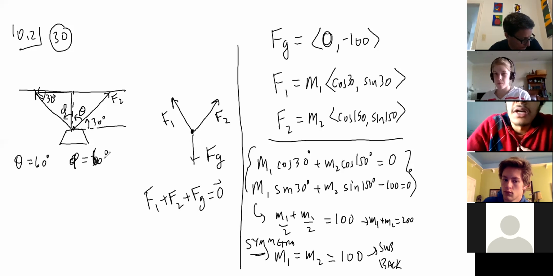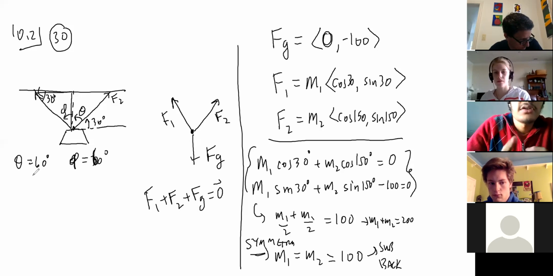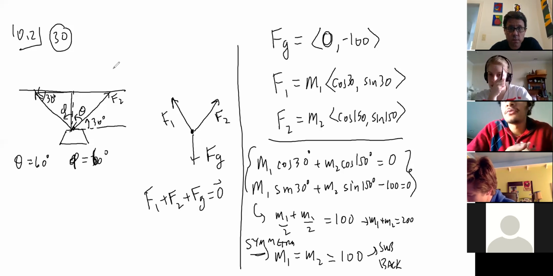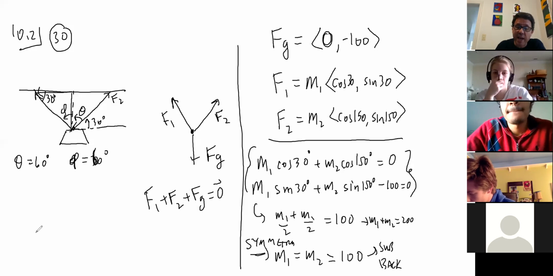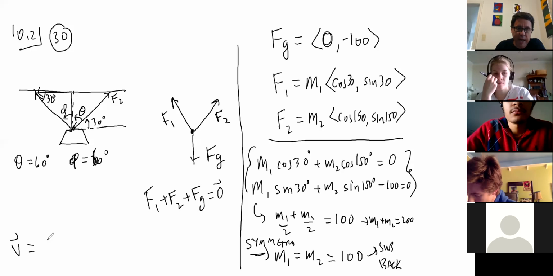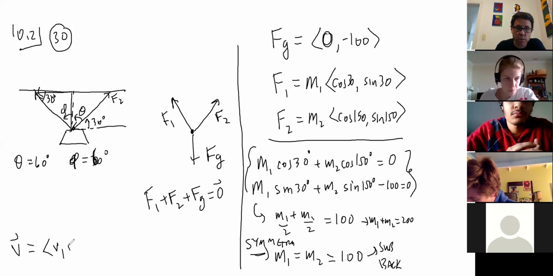Sir, how did you know the formula for F1? That's what I'm asking. Well, every vector can be written in a couple ways, right? You can write it as V1, V2.